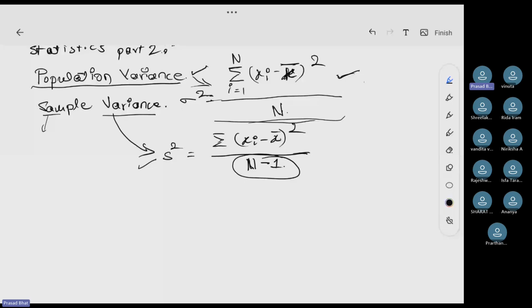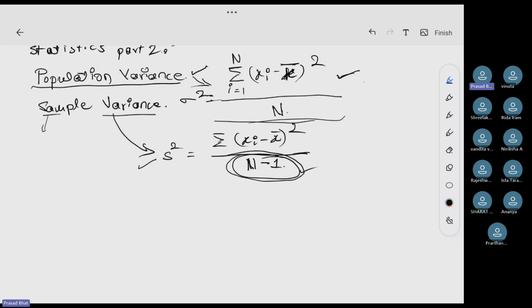But what is happening here? We are simply reducing the n value by 1 in the denominator, right? What is the purpose for this? It is very simple. When you consider the entire population in reality, there is no mistake or nothing out of order.